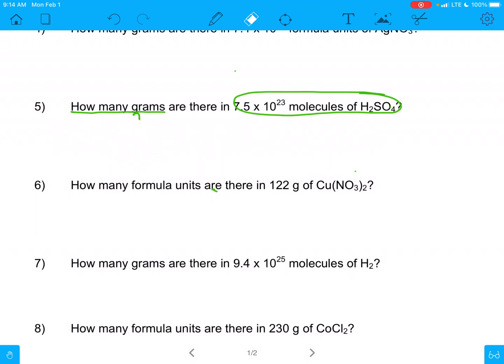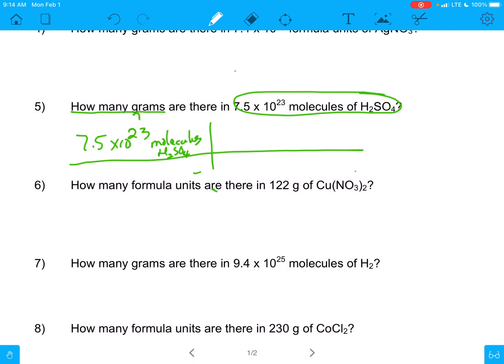So here we go. I'm going to start with 7.5 times 10 to the 23rd molecules of H2SO4, or sulfuric acid. And I'm going to draw my lines. Let's see, I need to use Avogadro's number.